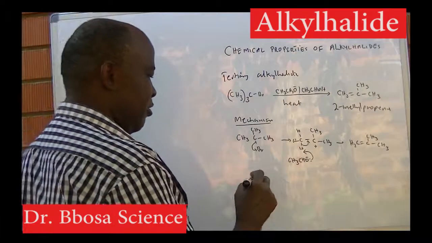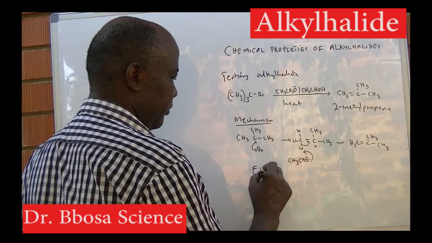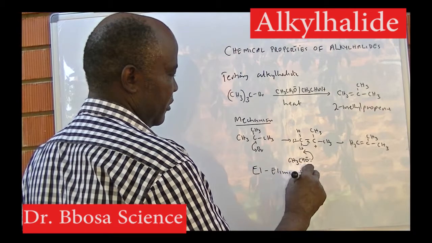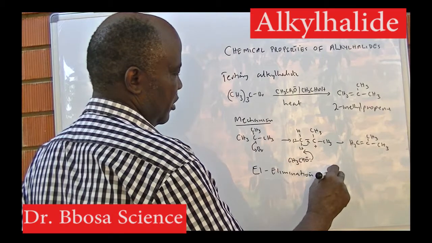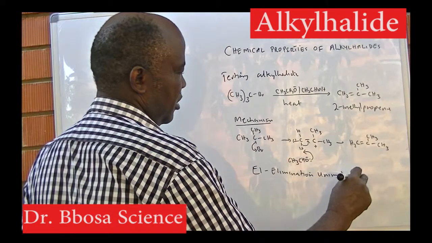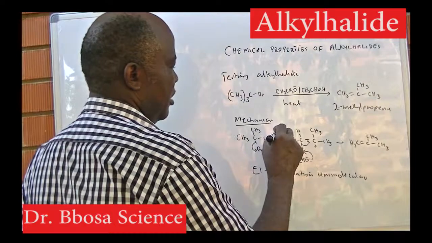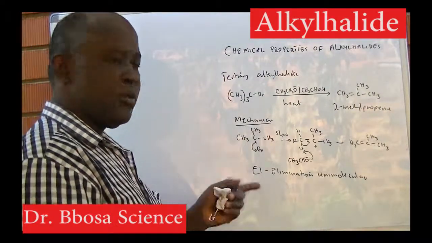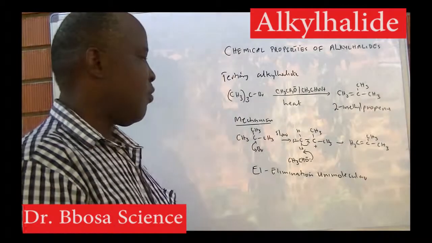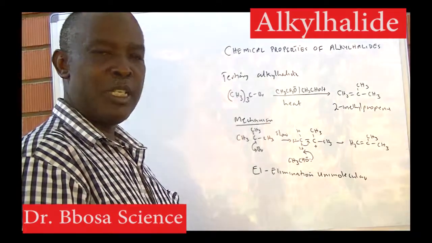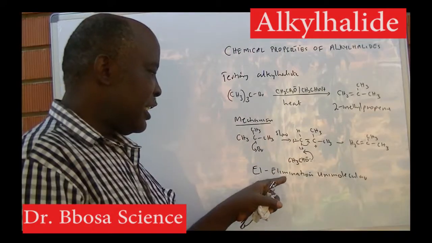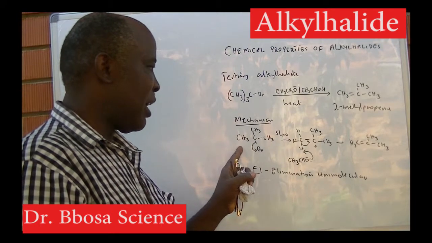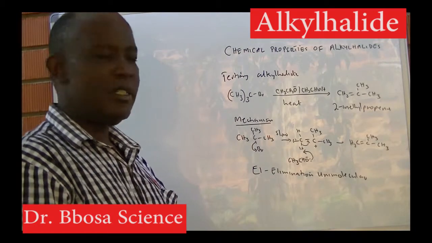The mechanism is described as E1 because the slow step involves only one molecule, the ionization of 2-bromo-2-methylpropane. It is an elimination reaction because we are removing a hydrogen atom and a bromine atom from these 2 carbon atoms to form a double bond.